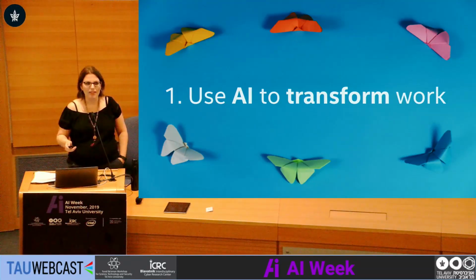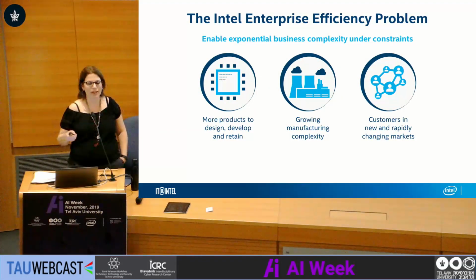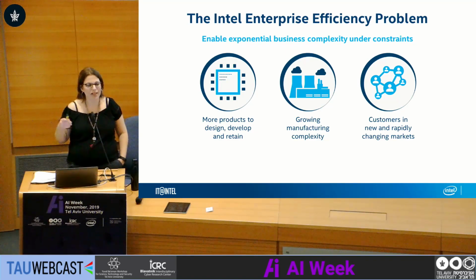I'll elaborate in a minute, but before I do that, I want to give you some motivation or context. Intel, like most companies in the globe, I guess, is facing an efficiency problem. We're constantly asked by our management to develop, retain, and validate many more products, while those products are becoming increasingly complex over the years, which makes the manufacturing process very complex, lengthy, and costly.